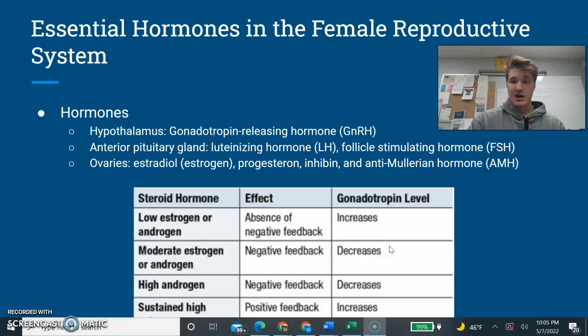With high levels of estrogen, we still see a negative feedback, but if we have continued high levels of estrogen, then we observe a positive feedback, which is very interesting. So we go from a negative feedback with moderate and acutely high estrogen to a positive feedback with sustained high estrogen.